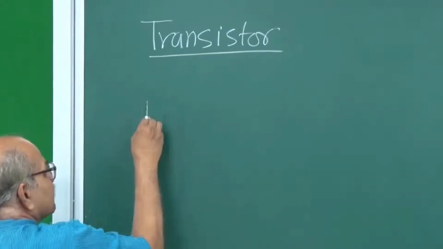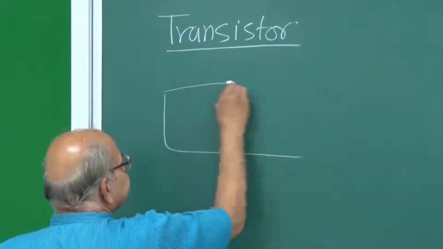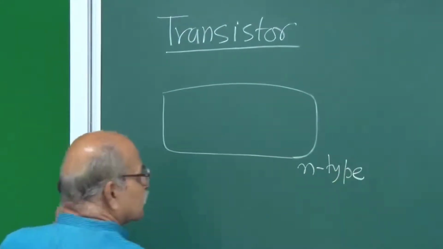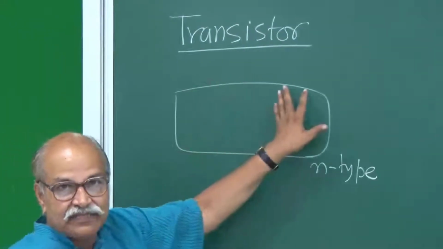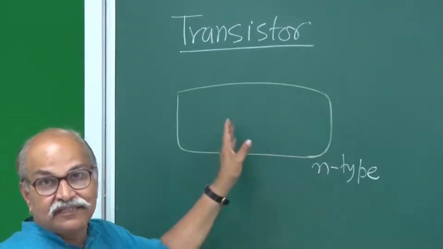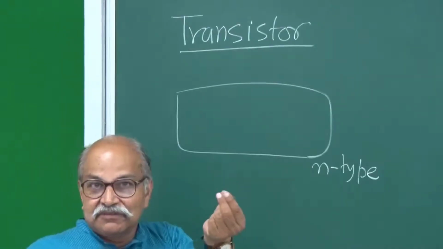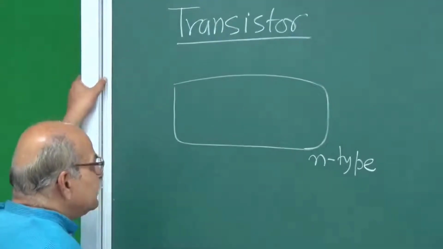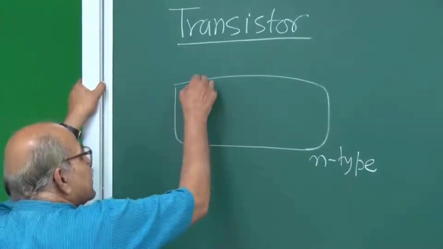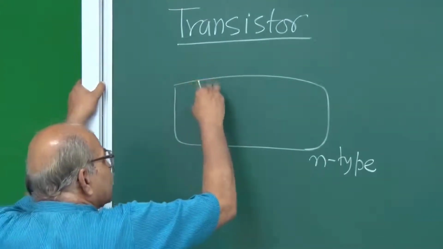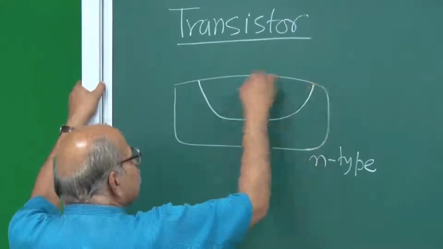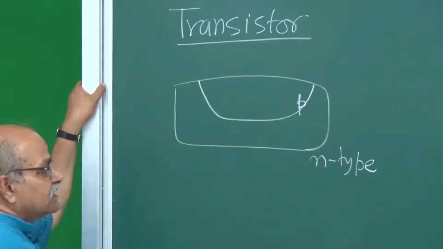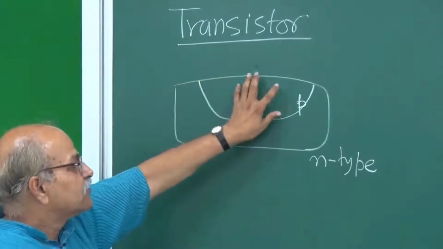So you start with, let us say, n-type material. Suppose this whole wafer is n-type semiconductor. In the picture it may look very large, but the actual thing may be a few hundred microns, less than a millimeter. And then you diffuse, say, p-type impurities from the top and make this region p-type.